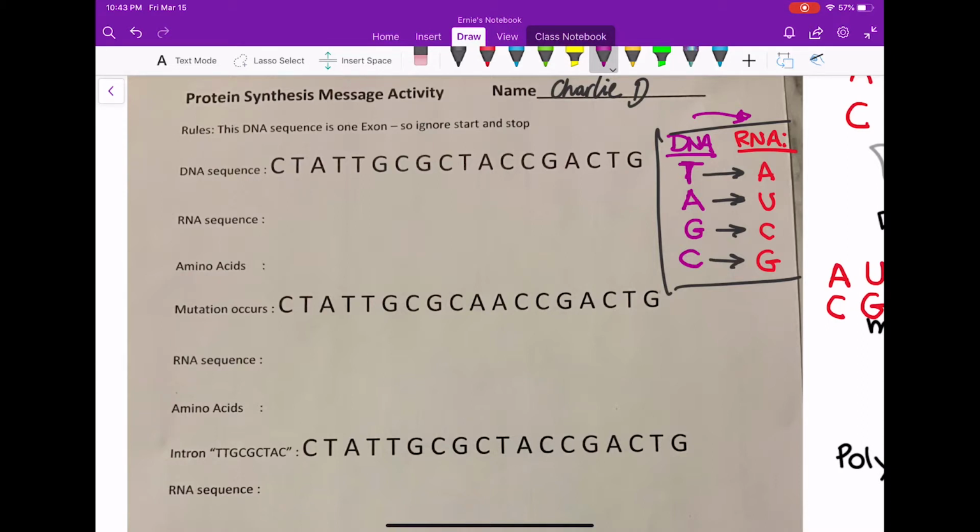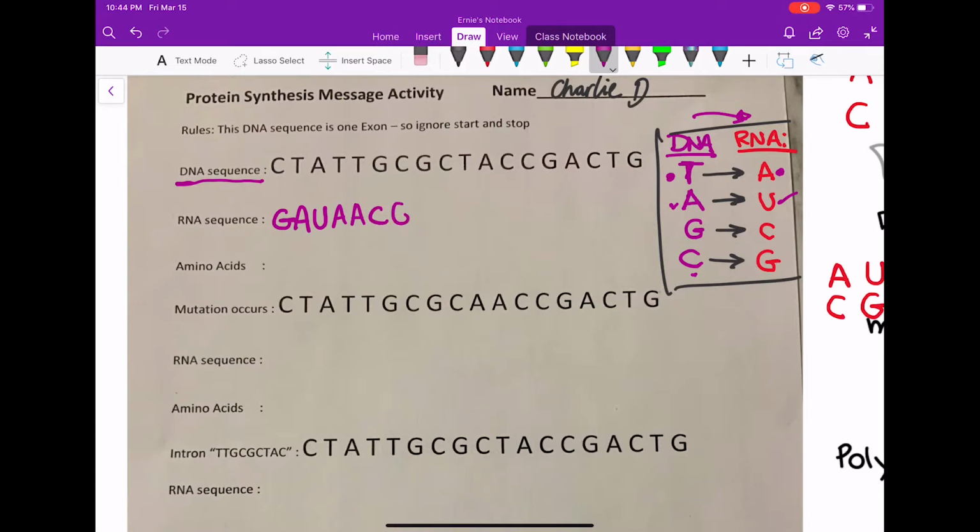All right, with that information in mind, we're gonna start this activity. Okay, so now I'm given a DNA sequence, so I'm gonna make that into an RNA sequence. So I have a C in the DNA sequence, so if I look at my chart, when I have a C, I write a G in RNA. When I have a T, I write an A. When I have an A, I write a U. And I repeat the process, right?